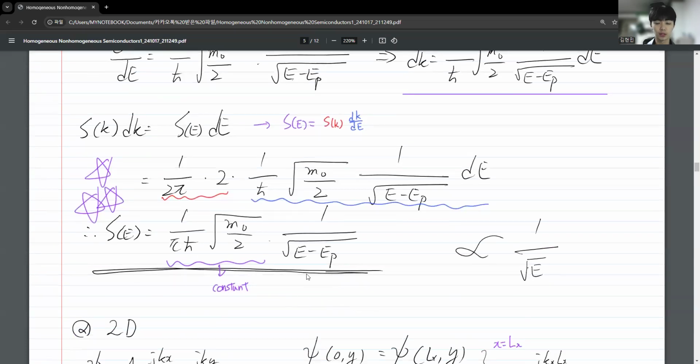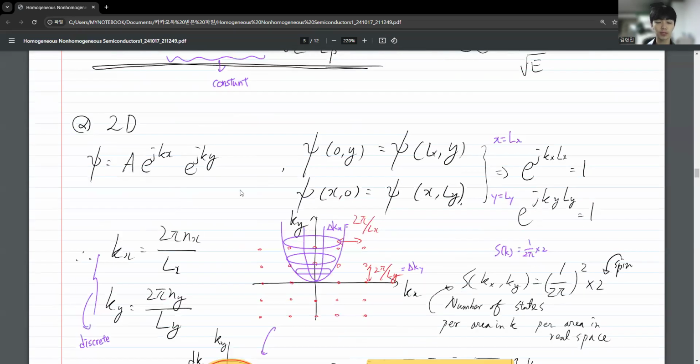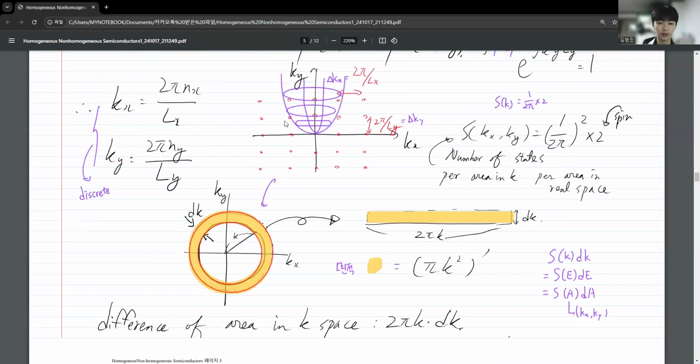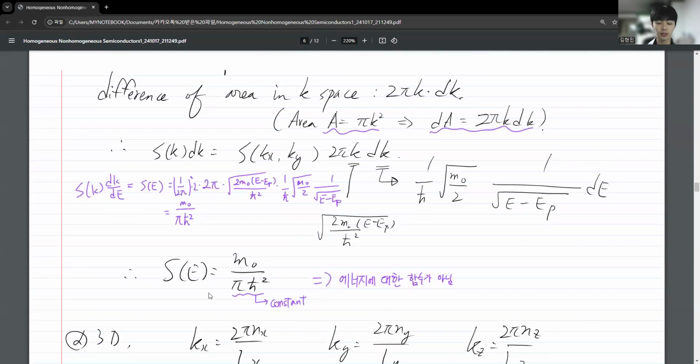The density of states is proportional to energy to the minus 1/2. In two dimensions, the 2D density of states is this equation. This equation is constant, so it is not a function of energy.